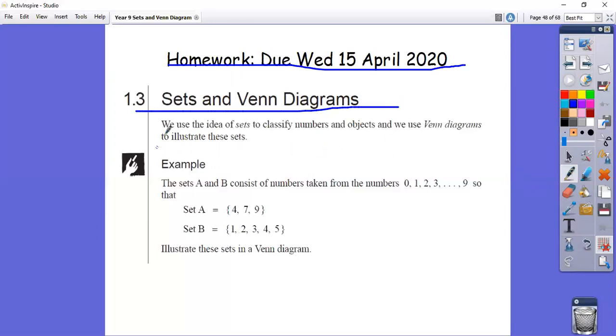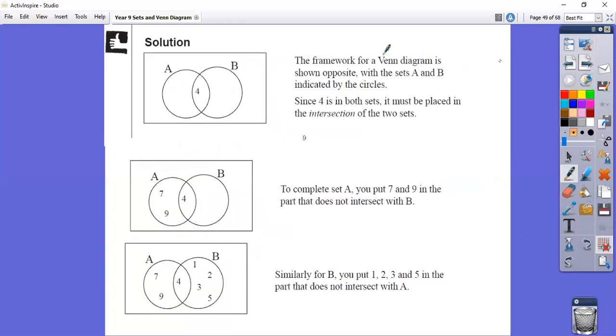First of all, I'll give you a little revision notes of sets and Venn diagrams. You've got the examples here. Sets A and B consist of the numbers 0, 1, 2, 3 up to 9. Set A is 4, 7, 9. Set B is 1, 2, 3, 4, 5. Illustrate these sets in a Venn diagram. So you draw the Venn diagram, and you've got the solutions there, step by step, showing you how to do it.